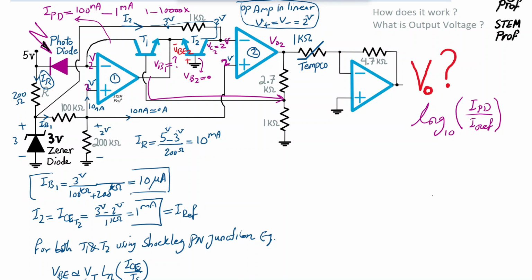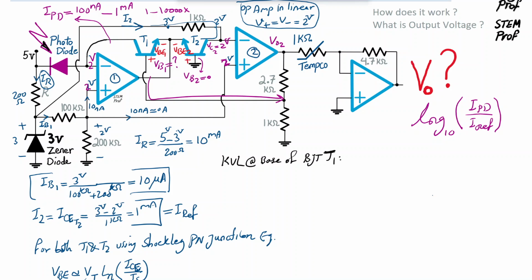And then from there, I have to do a subtraction of these two base emitter voltages, so base emitter voltage of transistor 1, and then we'll get to base of transistor 1. So what I can write is this equation using KVL, Kirchhoff voltage law at base of BJT, bipolar junction transistor T1.